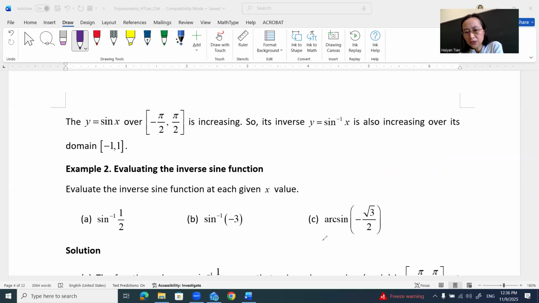Now we want to find the sine inverse function at this value. Again, we try to evaluate the inverse function. If you want to write this as a certain y, it should be equal to some y, that's the y value we're looking for, if the input is this for the inverse sine.